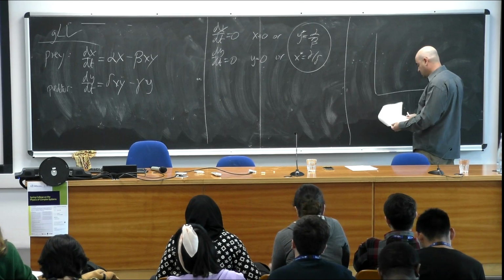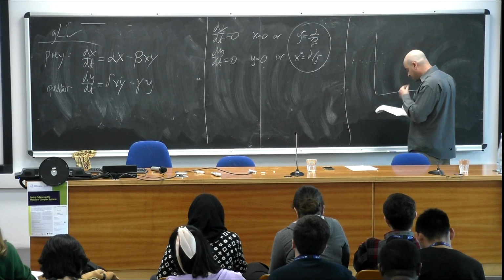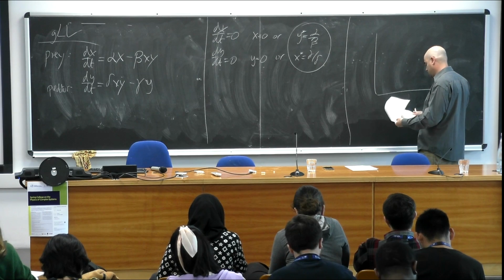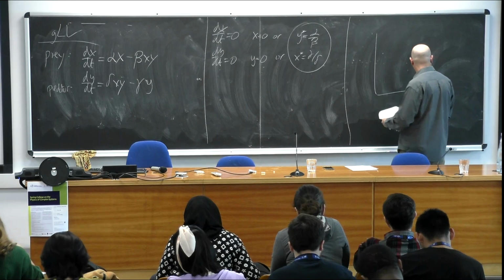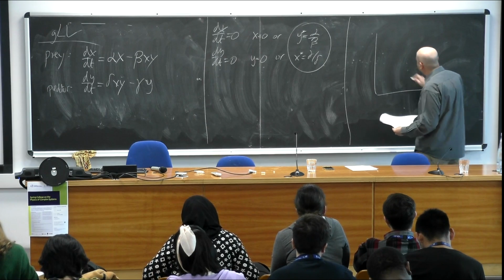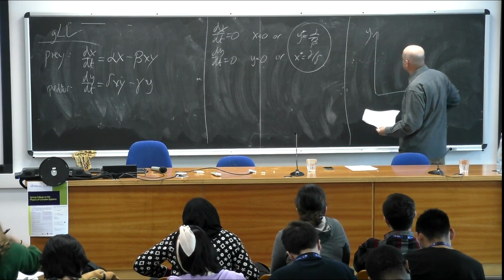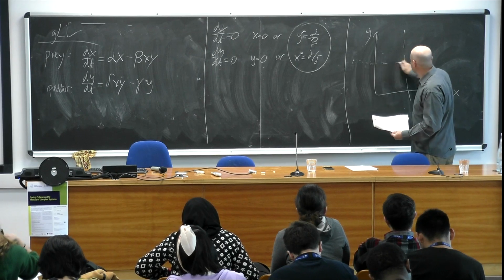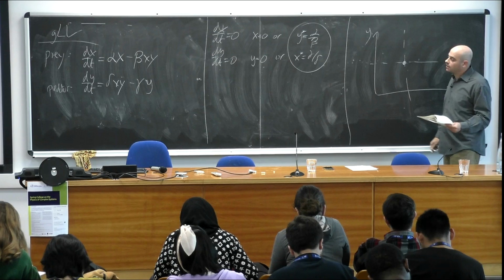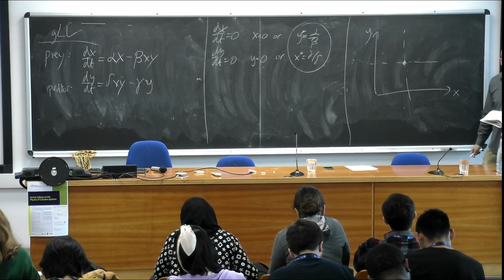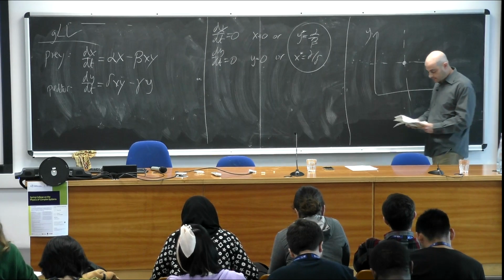Right, so I did put x on the x-axis here, hopefully. Let's see. Yes, I did. That's good. Right, and we have this, and we have that, and we have a fixed point. But now we want to know what happens about this fixed point.